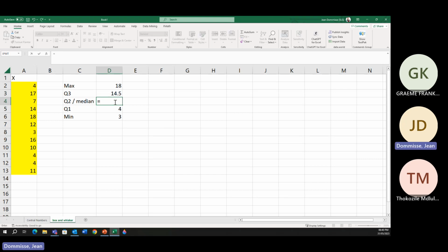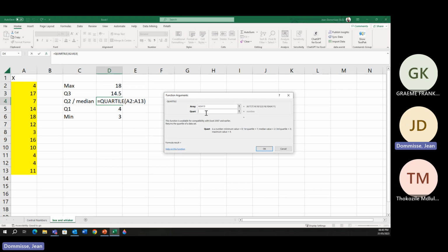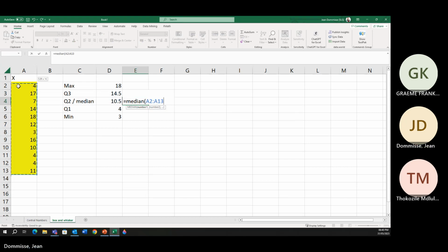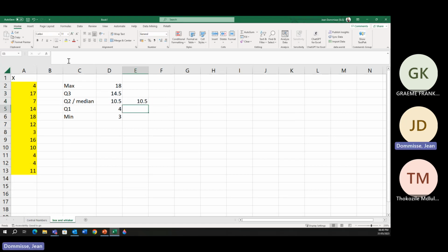And quartile 2, let's do it in 2 ways so that you can also just see that. If you use the function quartile 2, and if you use the function of median, you're getting the same number.